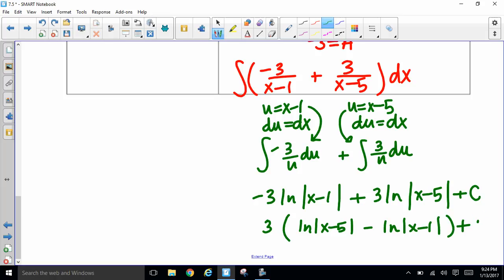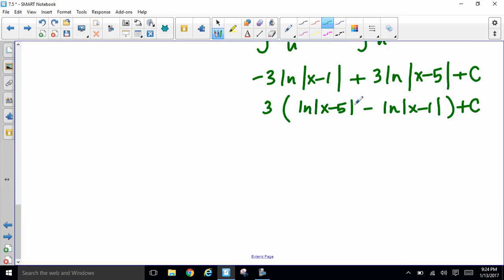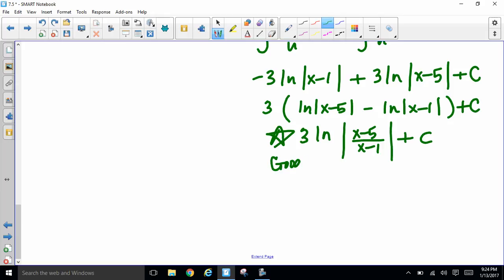And why they might do that is to say, okay, if I subtract natural logs, that really means I could divide. So you might see x minus 5 over x minus 1 as the argument in absolute values with a 3 in front. Those kinds of things happen on multiple choice a fair amount of the time, so that's also something to be aware of. This is a good multiple choice answer option. It's just not what they chose to do here, but things like that come up a lot.